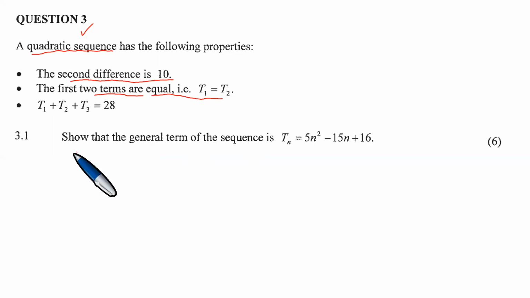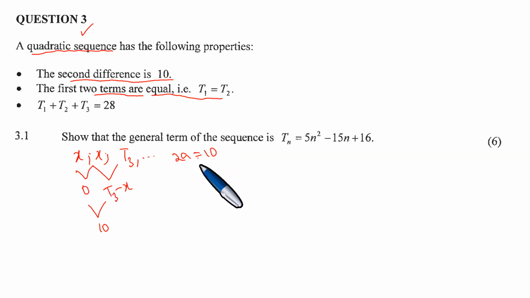Well, it means we have the sequence, which is x, x, and then T3, and so on. What is x minus x? 0. T3 minus x. And then if we subtract these two, you get 10. The second difference is 10. It means 2a equals 10.